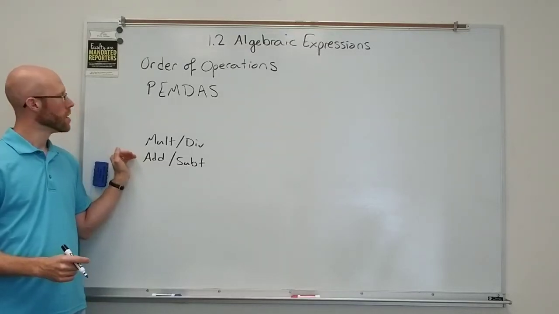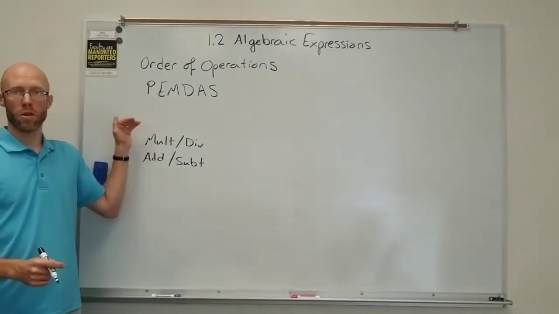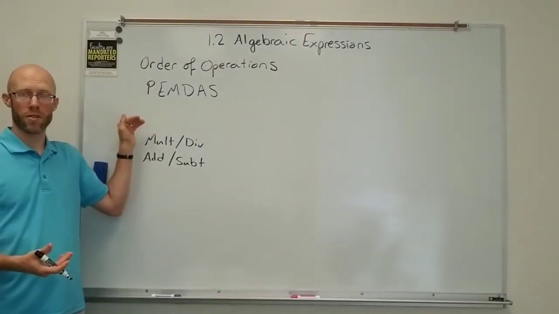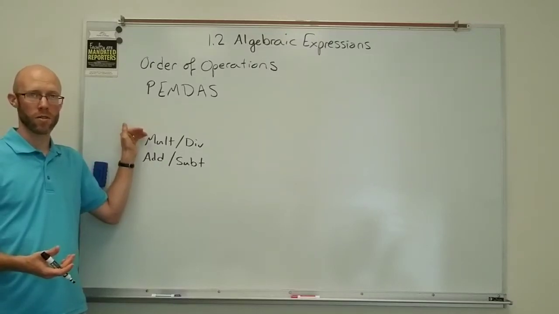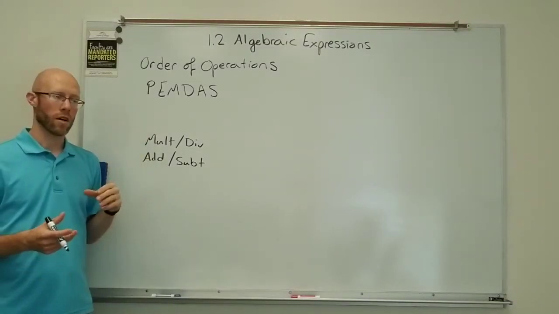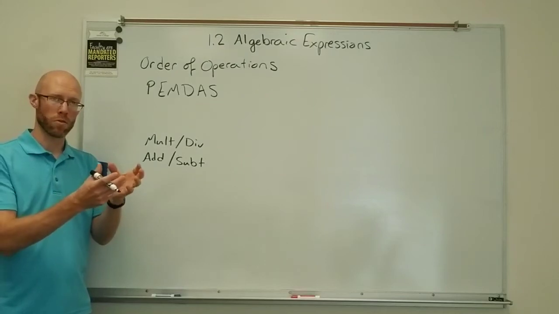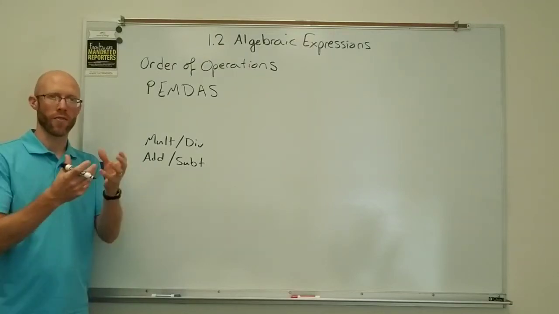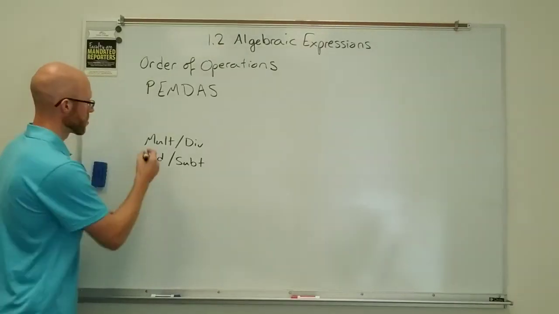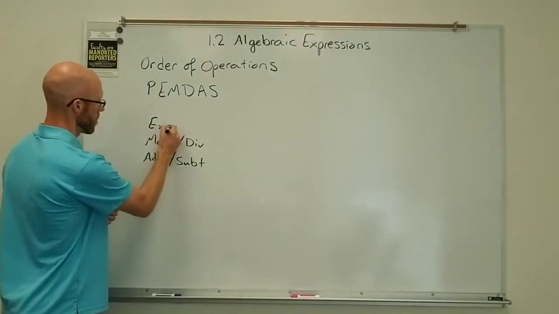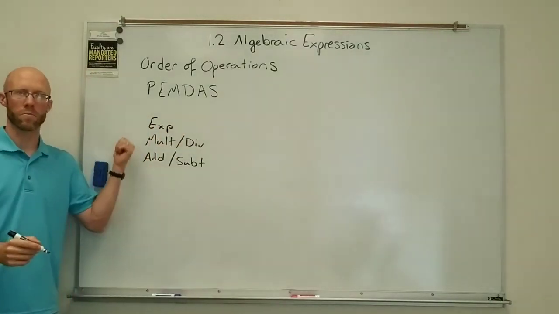Okay. The next layer up is going to be your exponents, because an exponent is essentially a repeated multiplication. Okay, so you're going to do the exponent, which is really just multiplying anyway, and then you do the multiplying. So again, I'll abbreviate. So we got exponents.